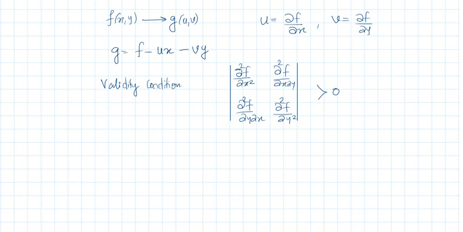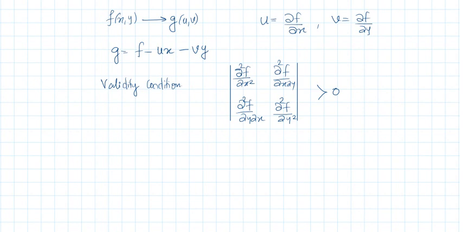And here, what is the condition for validity of this transformation? If you consider the second derivative, here you can have different second derivatives. For example, you can take the second derivative of f with respect to x only, that is dou square f by dou x square, or you can have dou square f by dou y square, or dou square f by dou x dou y, or dou square f by dou y dou x.